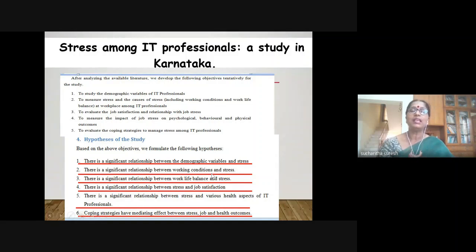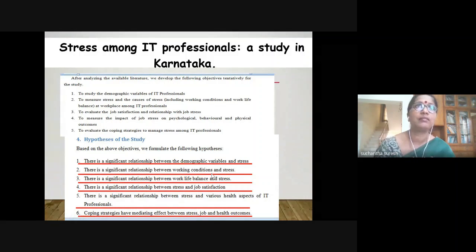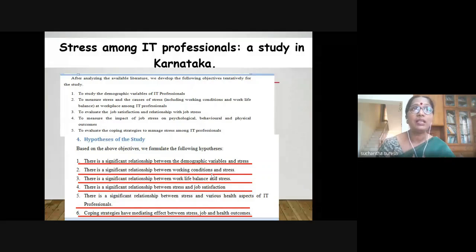See the way the objective is given and the way the hypothesis is given; there is a difference. Why that difference? What is special about a hypothesis? Dear friends, you have seen here that it is linking two or more concepts, or it is trying to compare two or more groups.